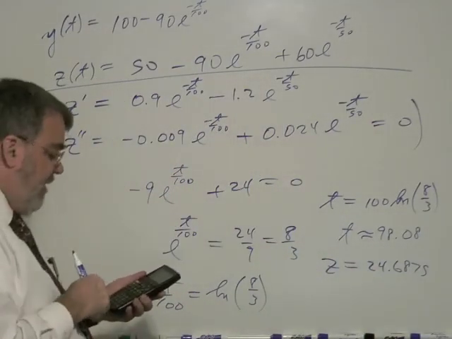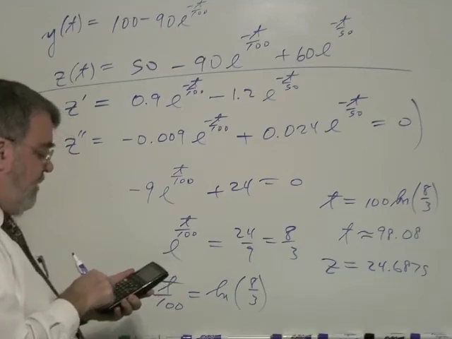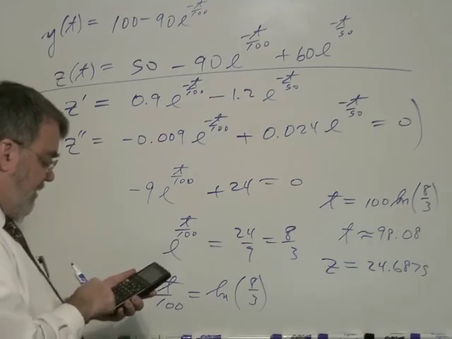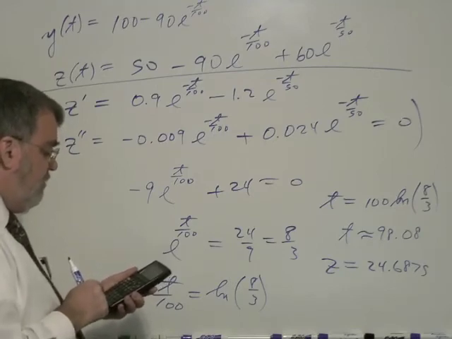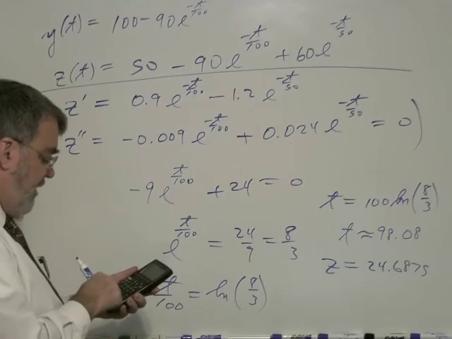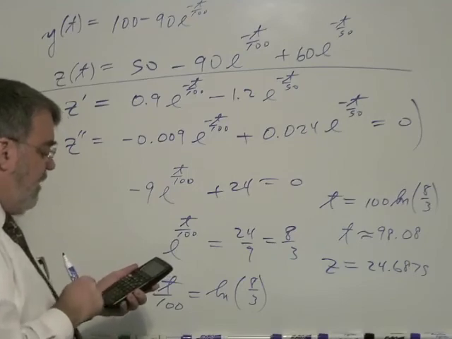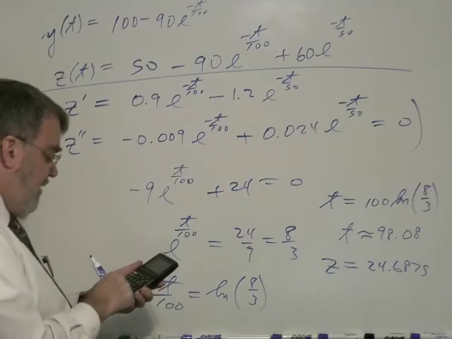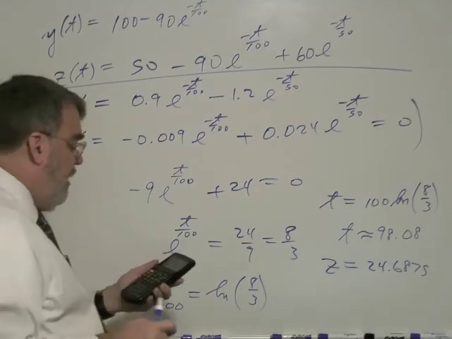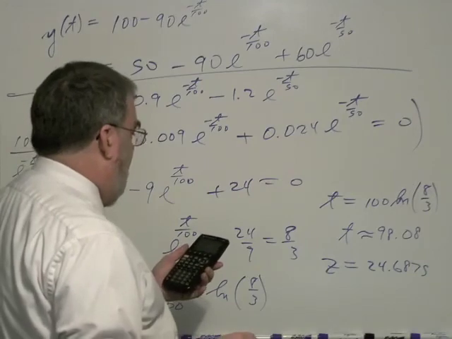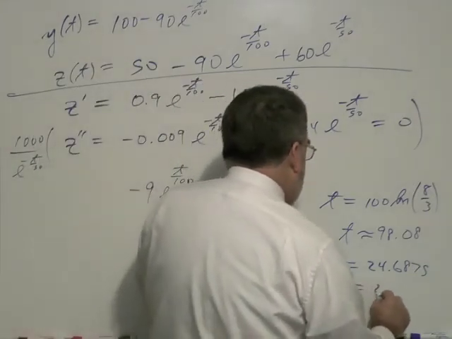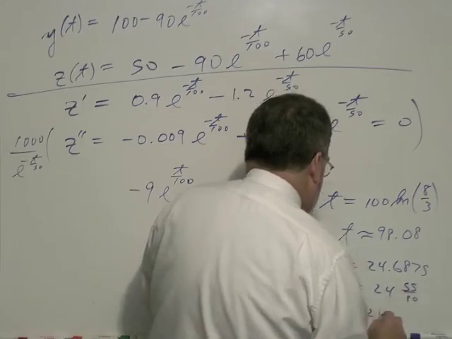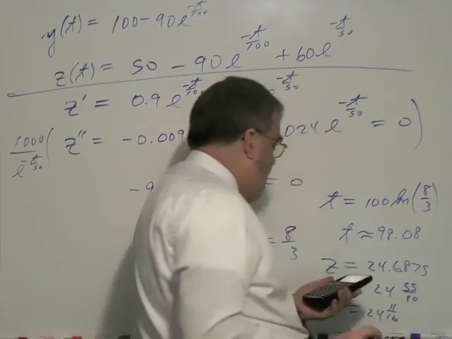Let me see if I can flush that out. 0.6875 times 80 is 55 eightieths. So this is 24 and 55 eightieths, which is 24 and 11 sixteenths.